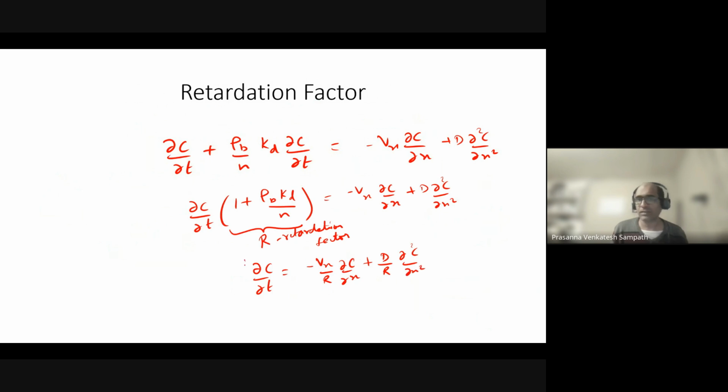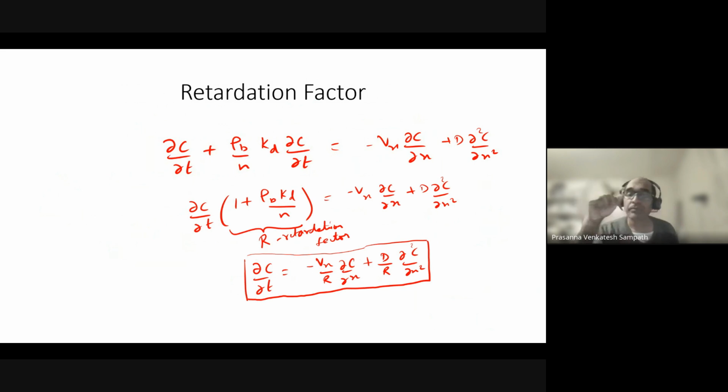So this is the new equation that I get, which is a modified form of the advection dispersion equation, but it now includes the impact of adsorption, absorption, or retardation.